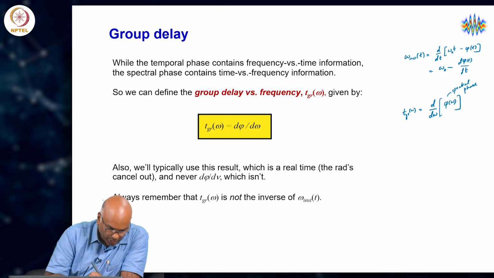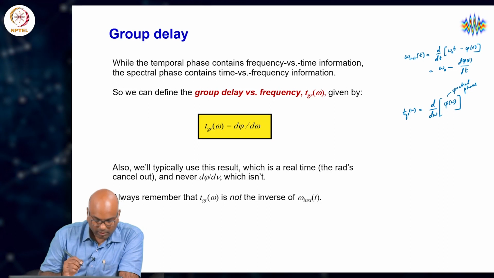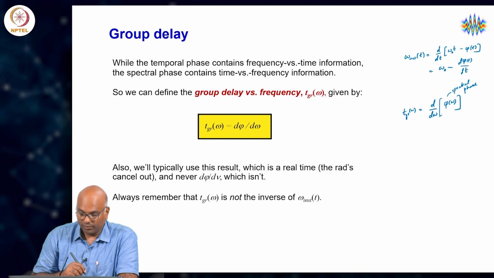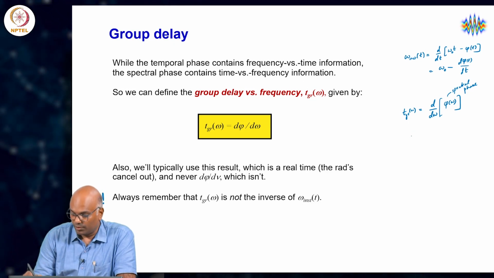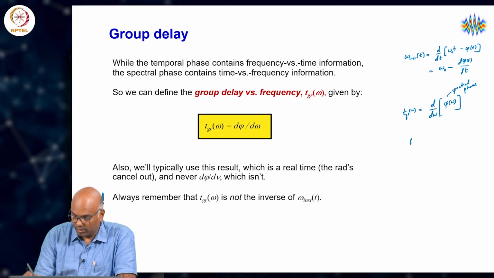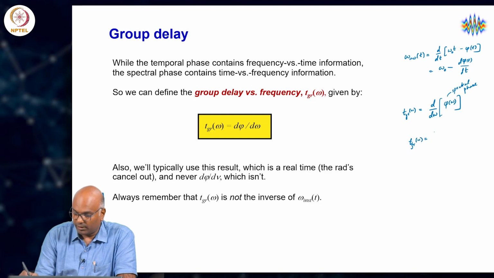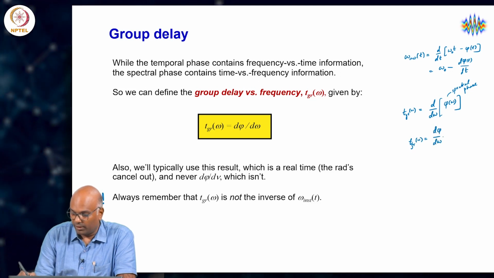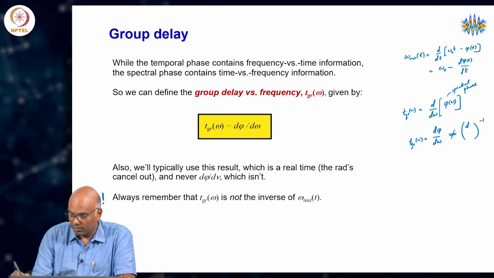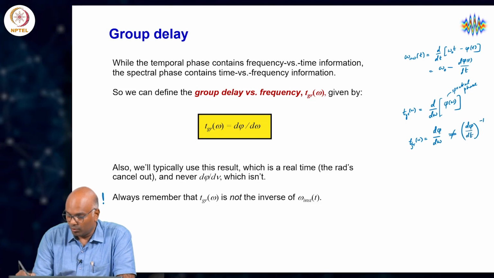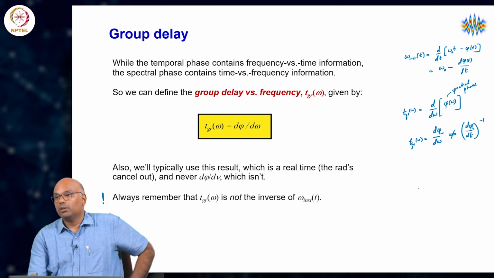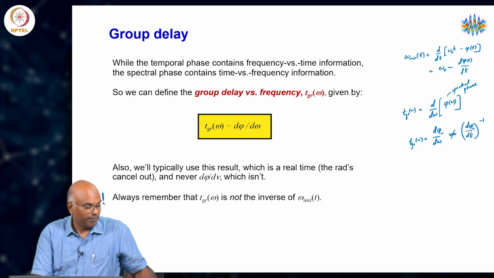But the moot point was this fact that group delay is not the inverse of the instantaneous frequency. That is to say, t group of omega, which is d phi by d omega, is not equal to the inverse of d phi by dt. Note here that the phi's that we consider here are in different domains, in fact in conjugate domains.